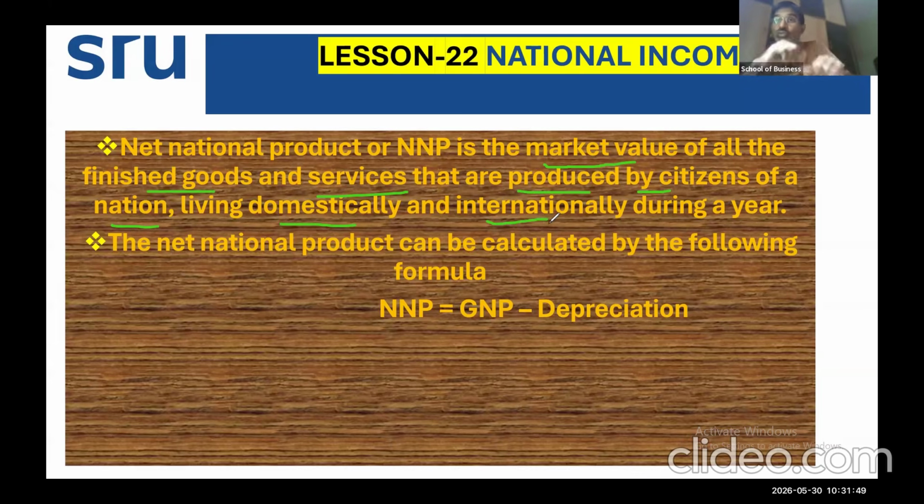So we'll consider both. That is how you write down the formula. The formula is very clear: NNP is equal to GNP minus depreciation. That is what you need to consider. So these are the most important concepts of national income.